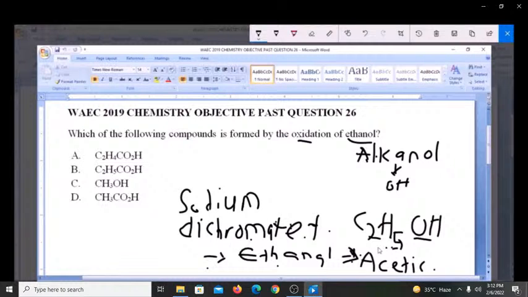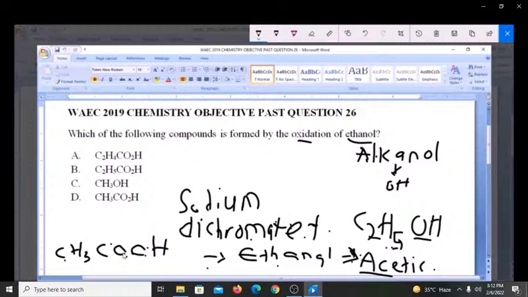Now, acetic acid is also known as ethanoic acid, and is represented by the formula CH3COOH.